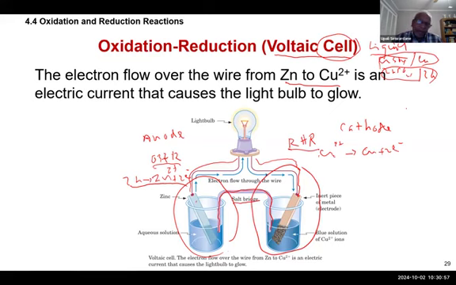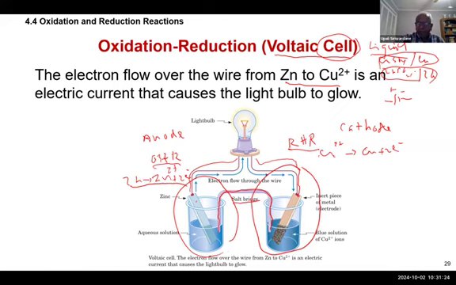Therefore, the negative end is the anode in a cell. The cathode is the positive end. When you have a cell, you represent the cell by this. This is the positive end. That's the negative end.